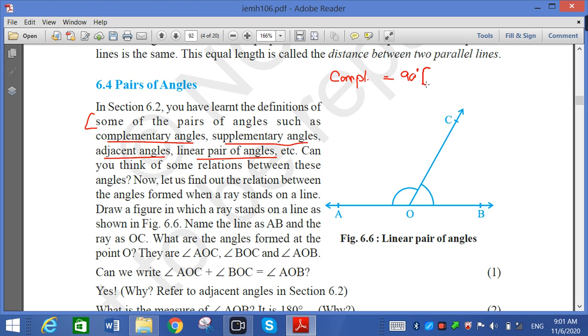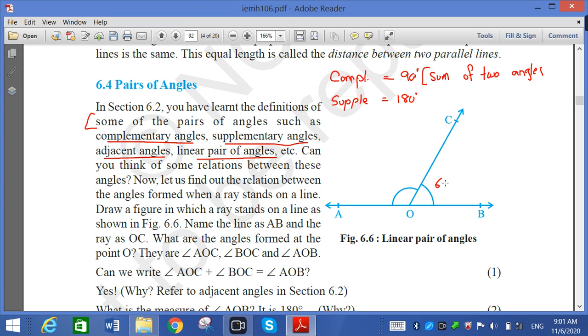Here we are discussing the sum of two angles, a pair. Now supplementary: in supplementary angles we know the sum is 180. Adjacent angles form a linear pair.